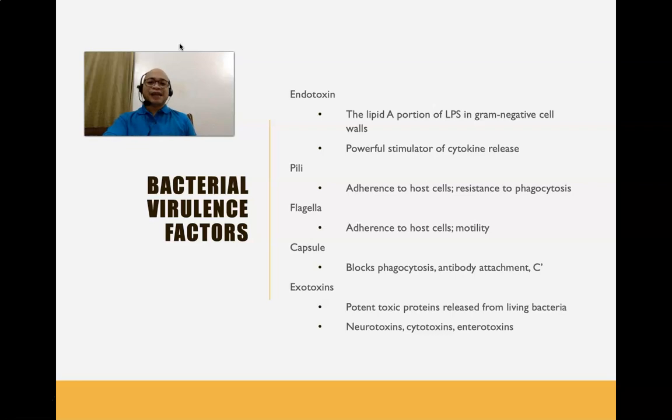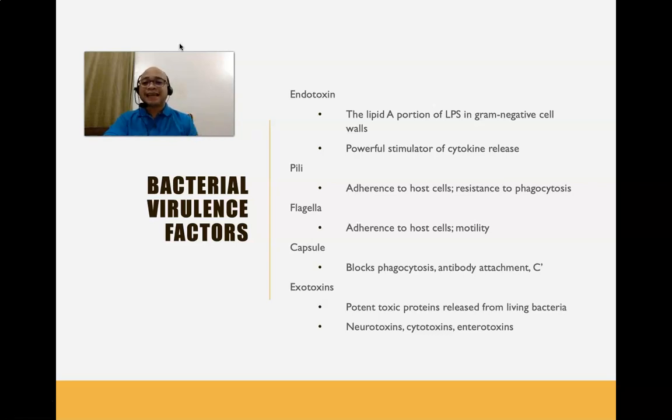On the external part of the bacterial cell, you will find pili. In some texts, pili may be used synonymously with fimbriae, but actually pili and fimbriae are different. Pili are much longer, and physiologically they have a different action from that of the fimbriae.